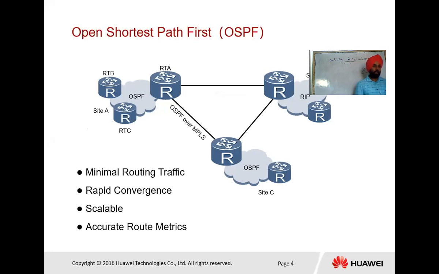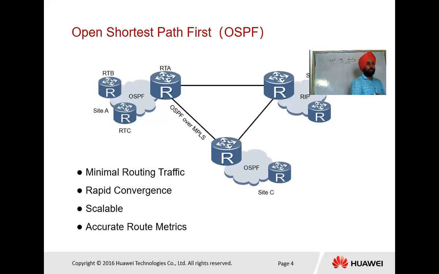RIP version 1 broadcasts the data, and RIP version 2 supports multicast addressing. In the case of OSPF, if there is an update on any router, they send only the updates. But in the case of RIP, they send the entire routing table.